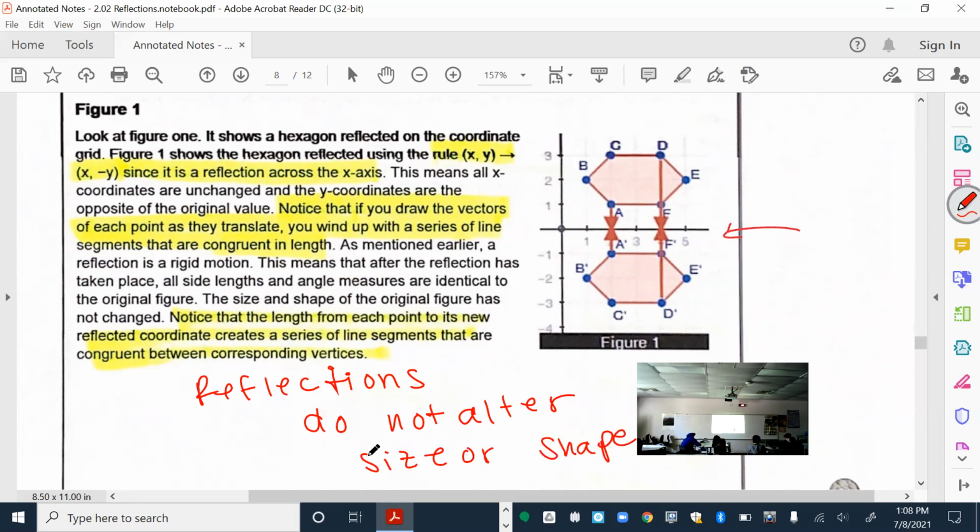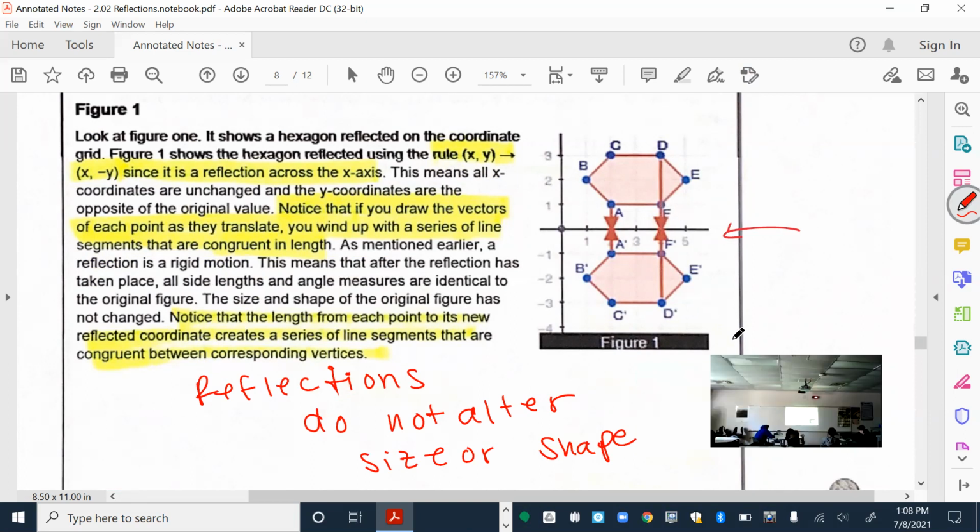So would you say that these hexagons are congruent? Are they identical to each other in side lengths and angle measurements? Should be yes, because reflections do not alter size or shape, so these are congruent. Right.